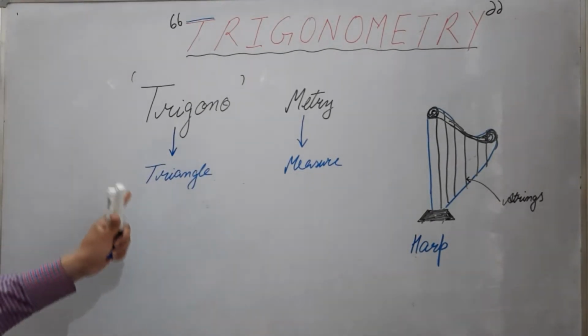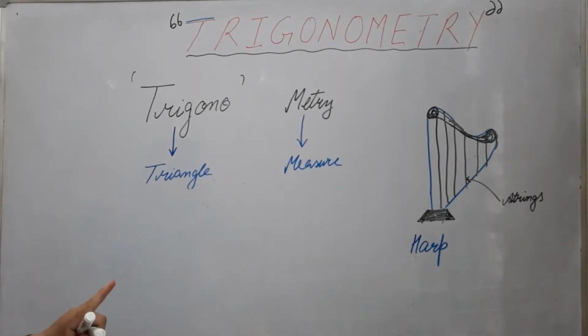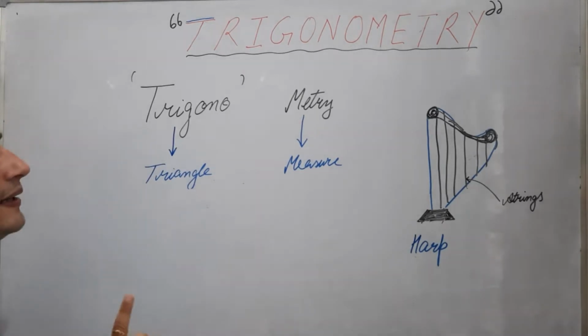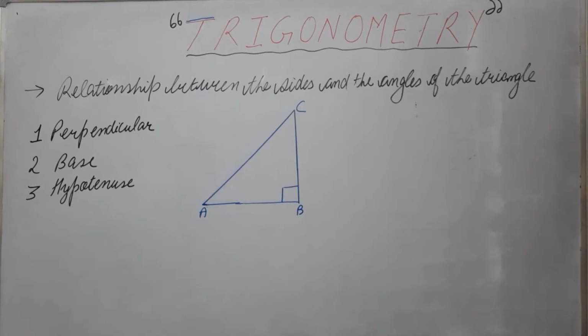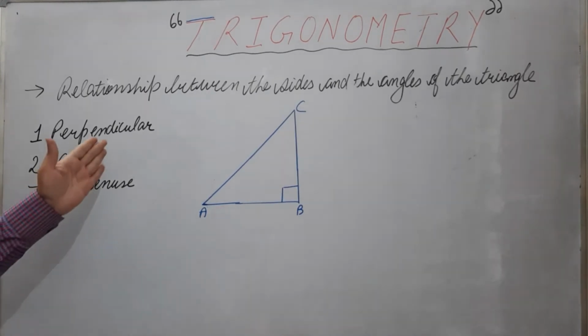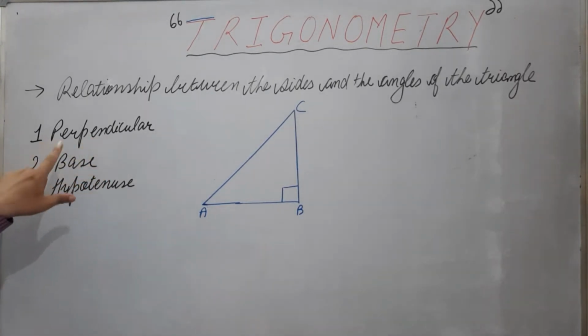So trigonometry basically deals with a triangle that is known as the right angle triangle. And we will also define the ratios for some specific angles, right? Let's talk about the 3 terms, perpendicular, base and hypotenuse, related to the right angle triangle.